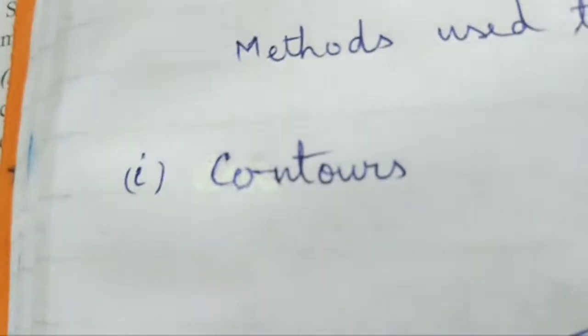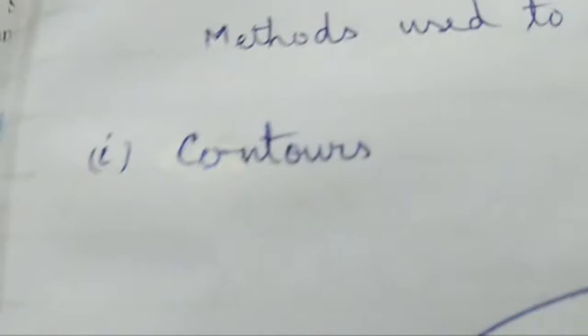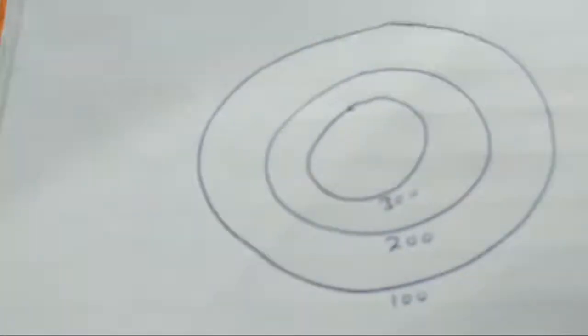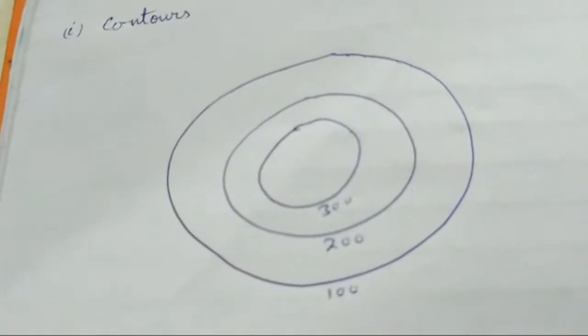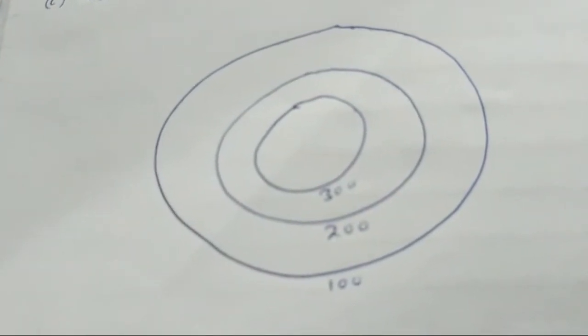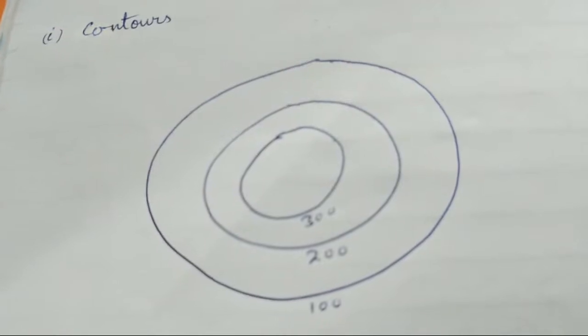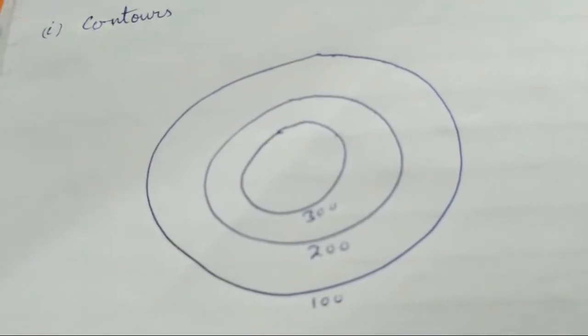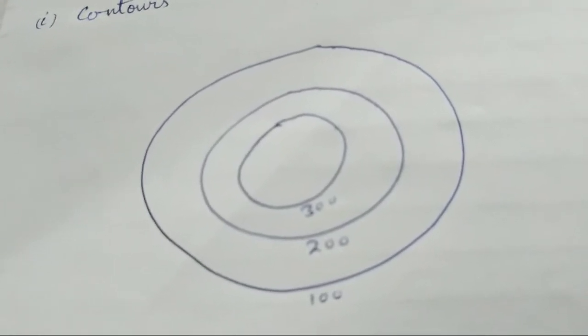Now, first, I will tell you not about hatching but about contours. What are contours? Write it down, all of you. Contours are these round lines you see here. I have drawn them here with the pen, but on the map these lines are drawn as brown lines.